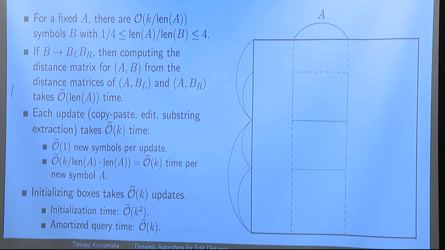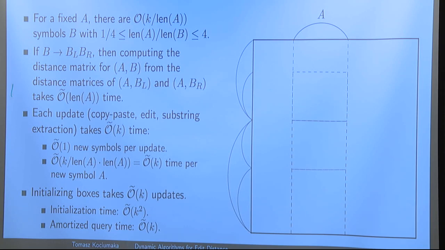The total number of updates we need to initialize all the boxes is already O tilde of k. So initialization of the algorithm finally takes O tilde of k squared time. And since its lifetime is k updates, this amortizes to O tilde of k time per update.